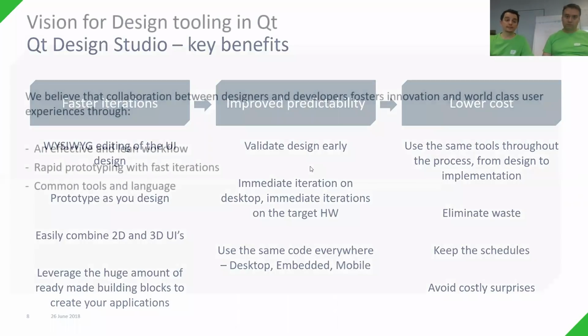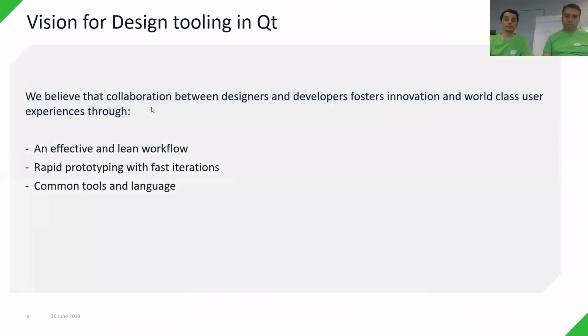So with that, I wanted to finish and say to you that our vision for design tooling in Qt is that we believe in a strong collaboration between designers and developers that fosters and boosts innovation. In the end, it will deliver world-class user experiences.